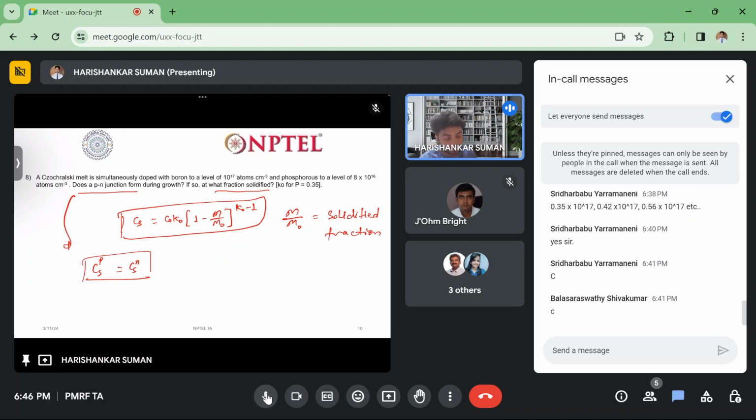Now please solve this question for M by M naught. All parameters are given.